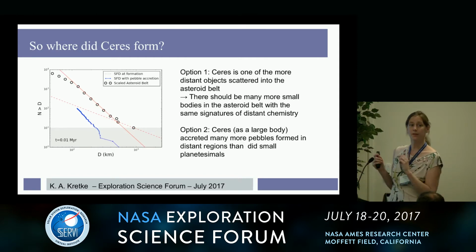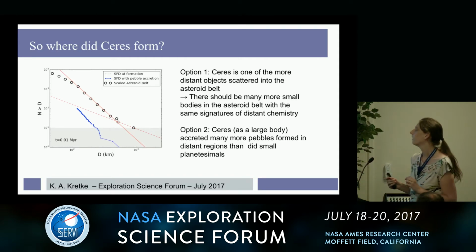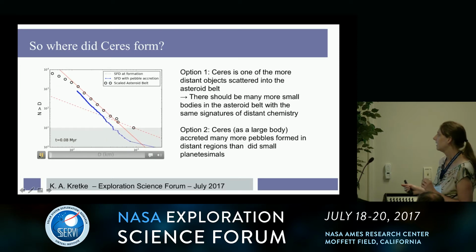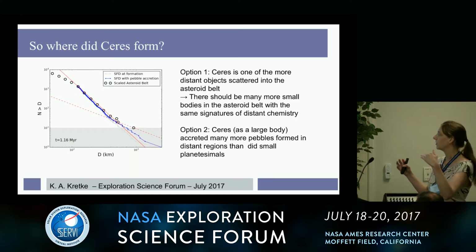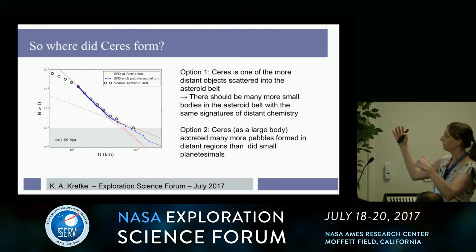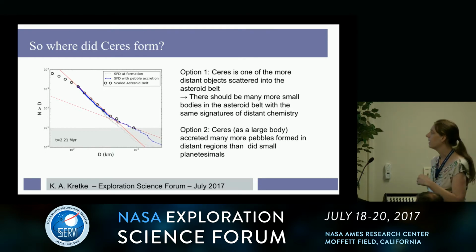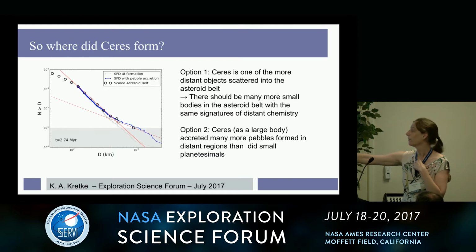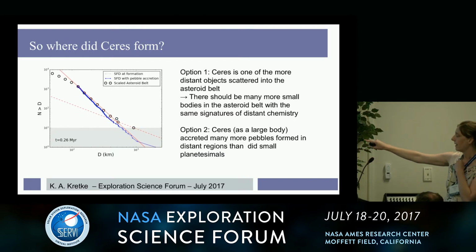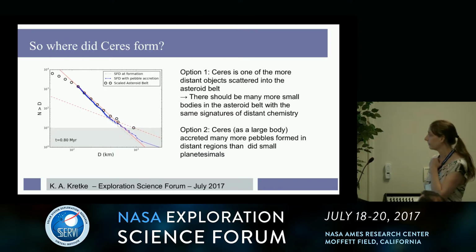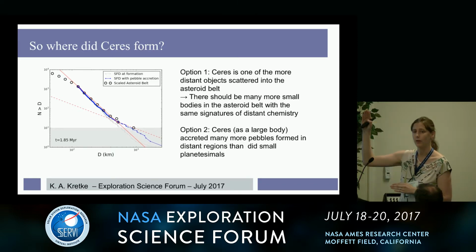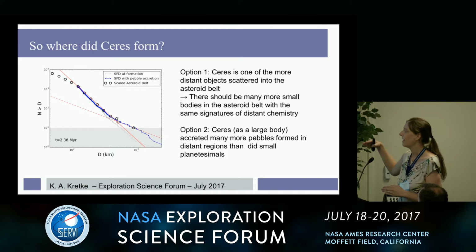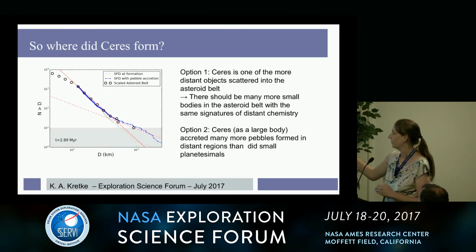So if you could start the movie, then you see planetesimals are formed initially, and then pebbles are drifting inwards slowly over time. And the pebbles are preferentially being accreted by the larger asteroids.